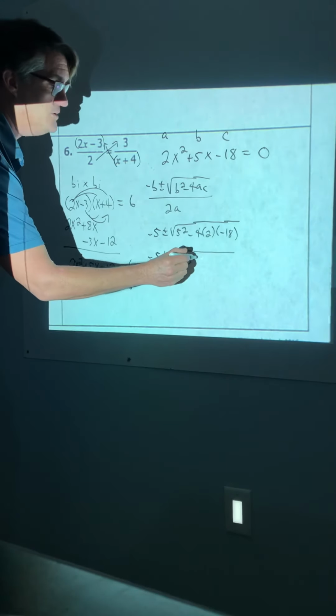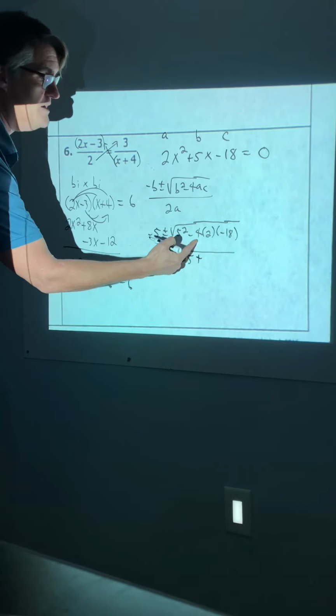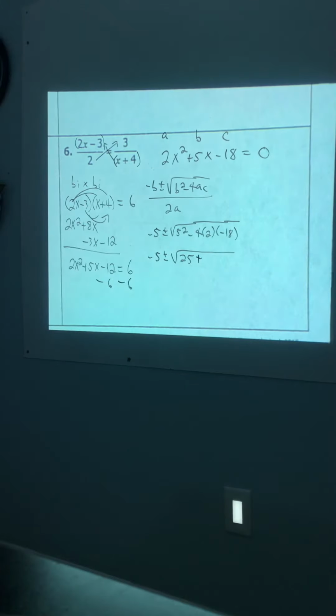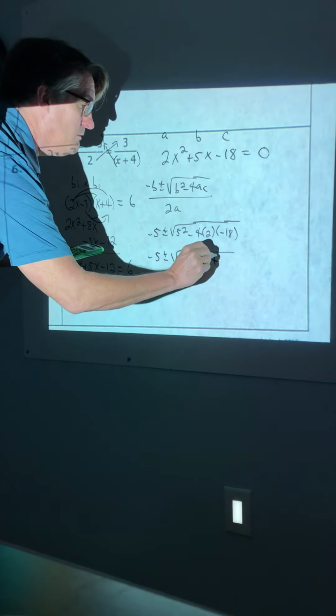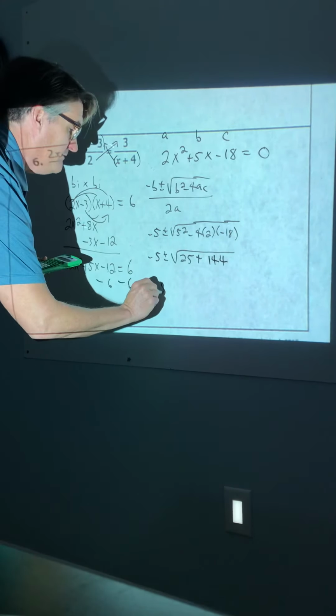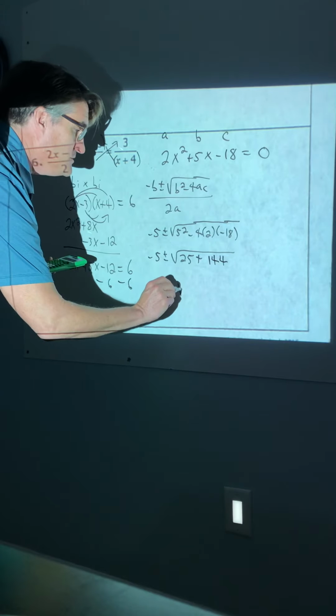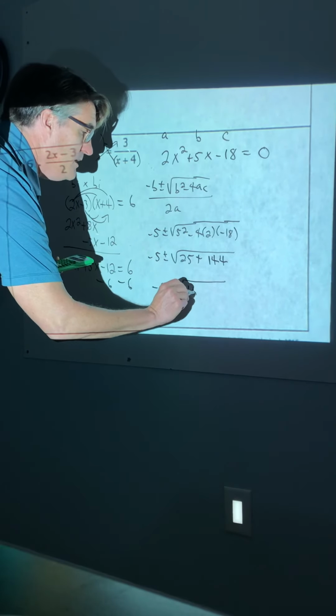It's going to turn into addition, because you have that negative 4 and then negative 18. Take my old trusty calculator here, and we're going to do 8 times 18. Get a grand total of 144. And leave the negative 5 alone, plus or minus. This is the square root of 169.